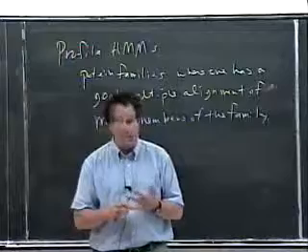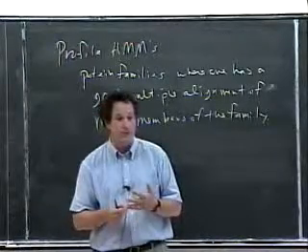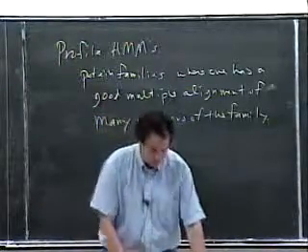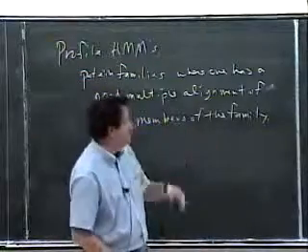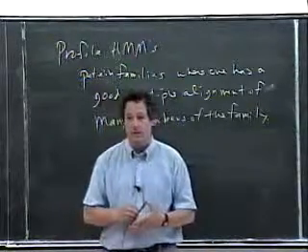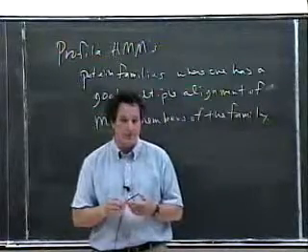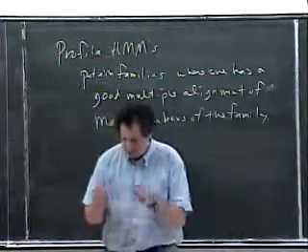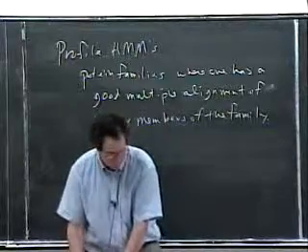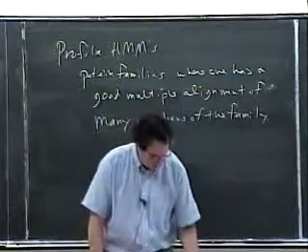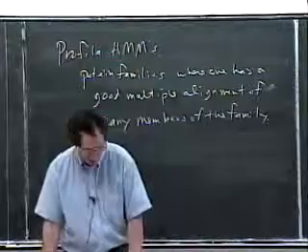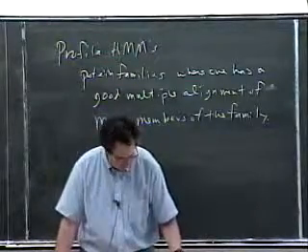We've used BLOSUM matrices, I think, at some point, or talked about them. And they really follow, in many ways, some of the same ideas that we've talked about in the last couple of weeks, particularly log odds ratios. If I don't get back to substitution matrices, please do remind me.